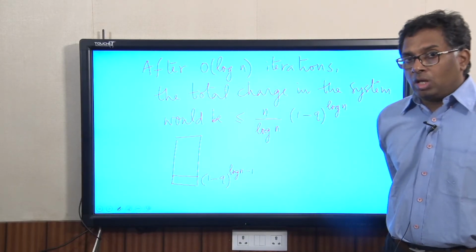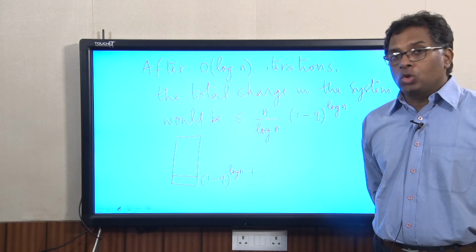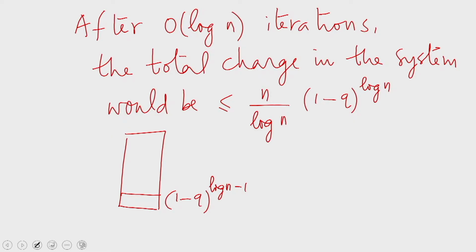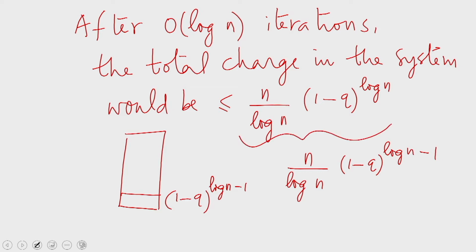So, even if the last node of every queue is left, the total weight in the list can be no less than n by log n times 1 minus q power log n minus 1. But here we find that the total weight in the list is even less than that.